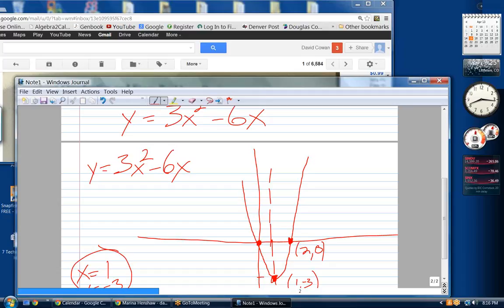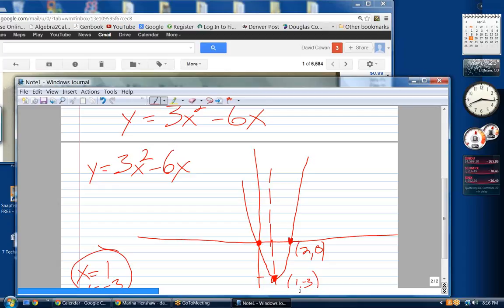If I can get this function into that form, then h and k are the vertex. So if I complete the square on this, I get the vertex without having to go through the minus b over 2a.